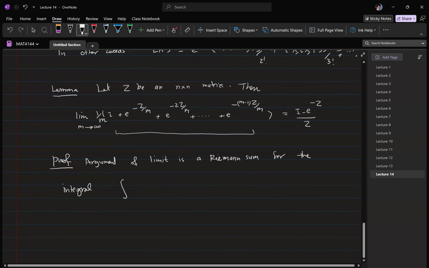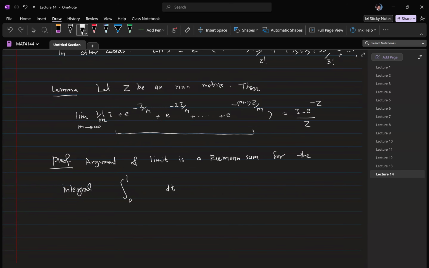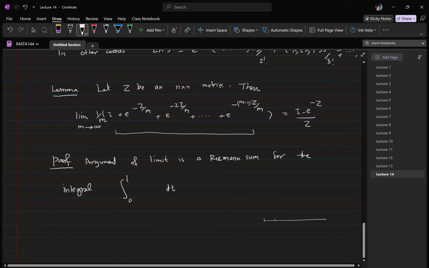So what would be the argument of the integral? Can you guess? I'm subdividing the interval from 0 to 1 into m parts, and I'm evaluating the function at those values, right? This is like a Riemann sum.